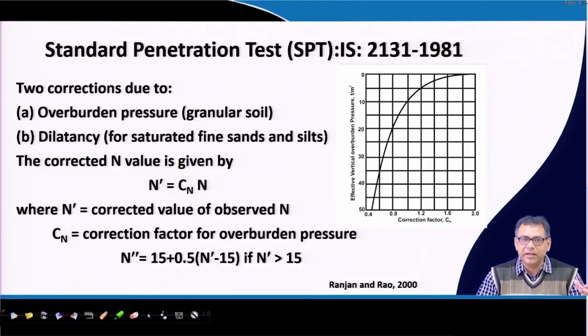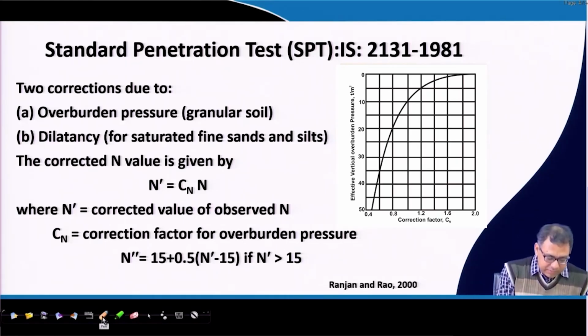So, the volume will increase. If the soil is dry, then also this dilatancy correction is not required. If the soil is saturated, because of this expansion of the volume, the negative pore pressure will develop. Okay? So, negative pore pressure will develop. Because of the negative pore water pressure, what will happen? Your strength will increase.